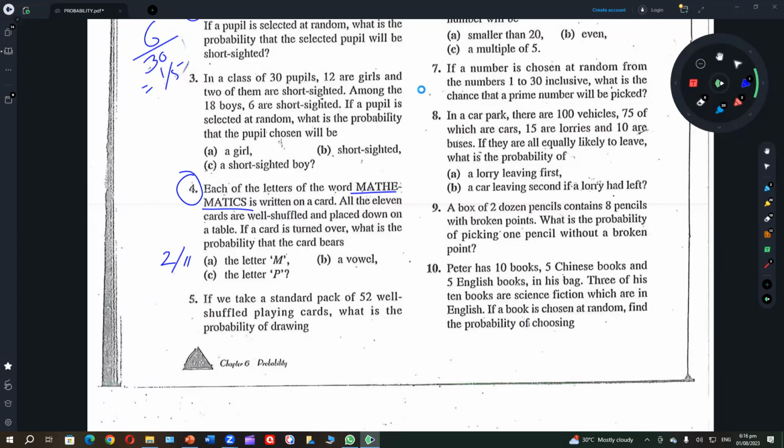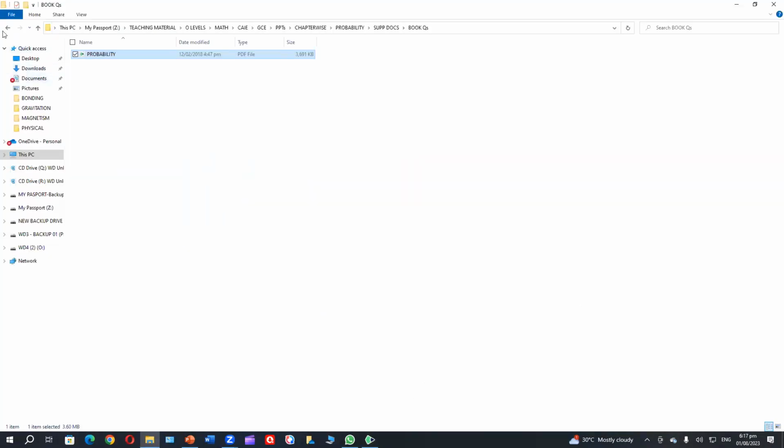So 4 over 11. The letter B is 0 out of 11, so the probability will be 0. Yes.